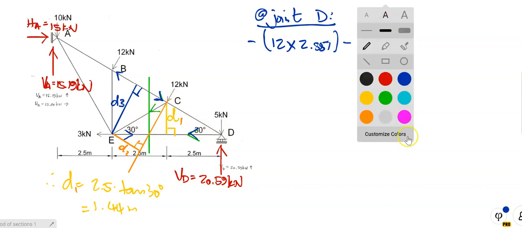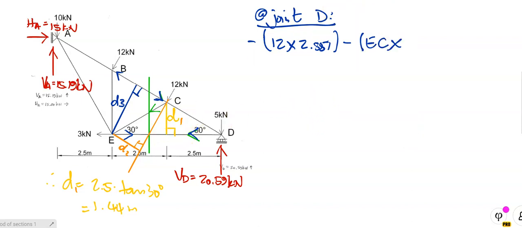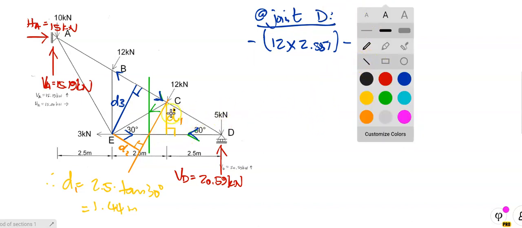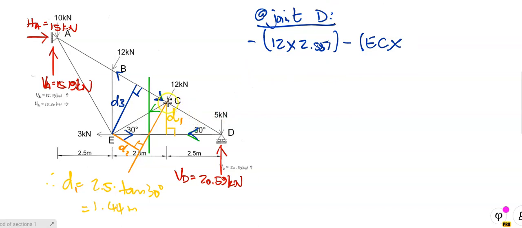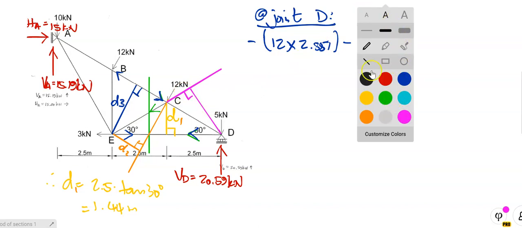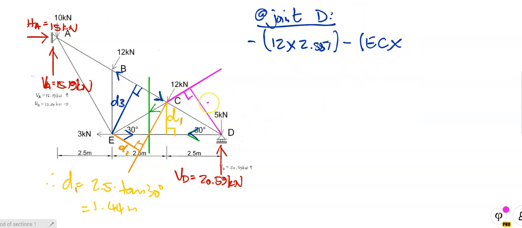Because if I extend, let's take a nice pinky color, the line of action of that force of EC like so, and draw a line at right angles through the point of rotation, at right angles to that force, then that angle inside there will be a right angle. And of course, the length of that there, D4, is the lever arm for EC.